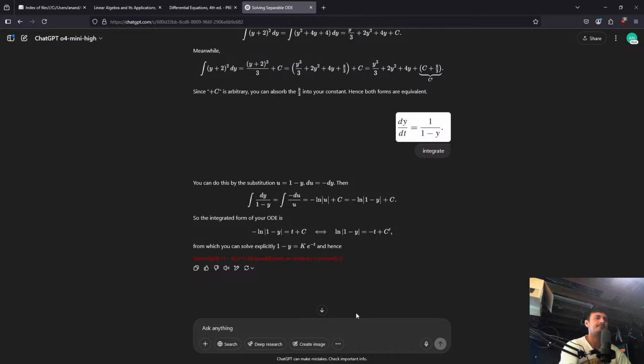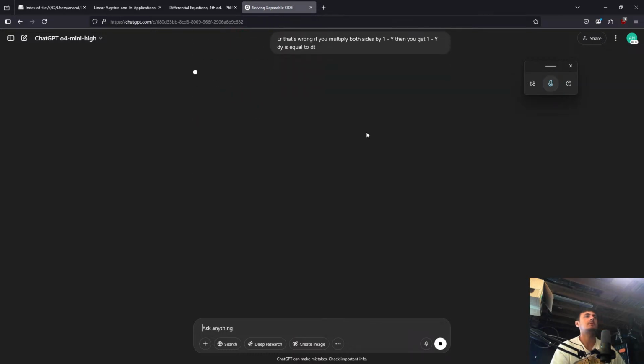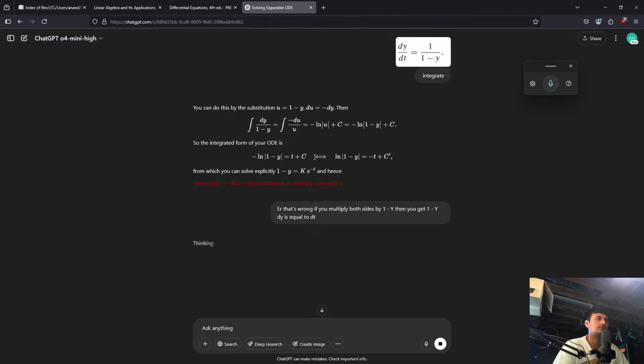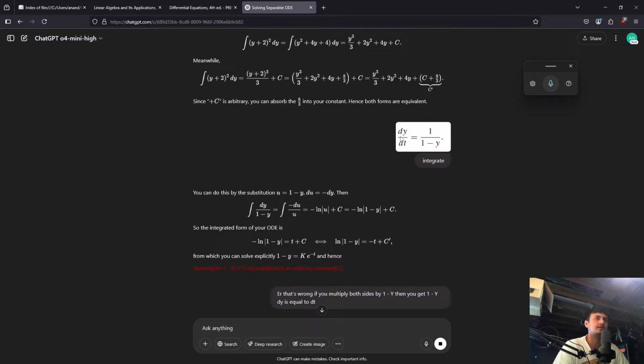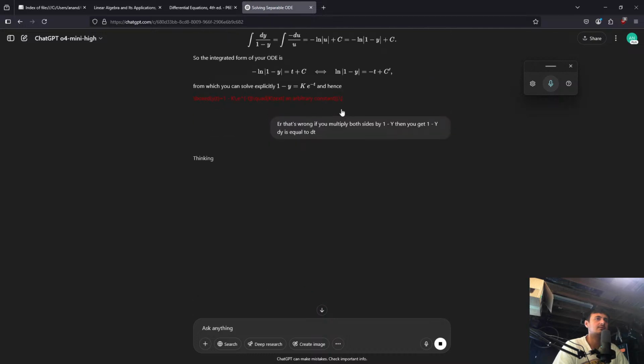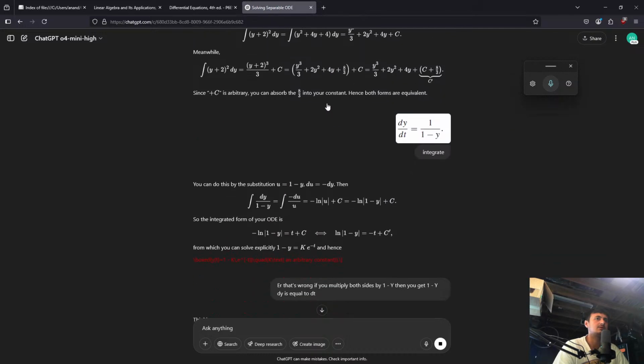That's definitely not right. That's wrong. If you multiply both sides by 1 minus y, then you get 1 minus y dy is equal to dt. I'm pretty sure that's not right. Like, what is it looking at here?